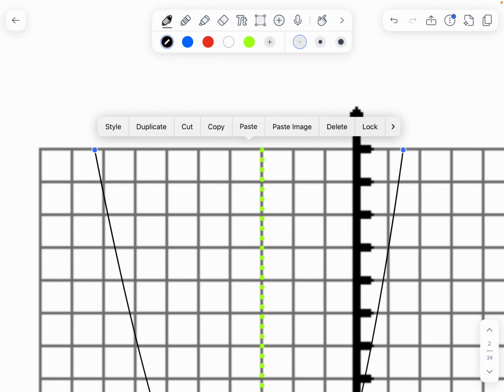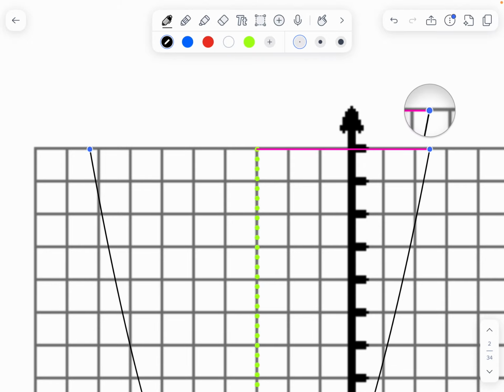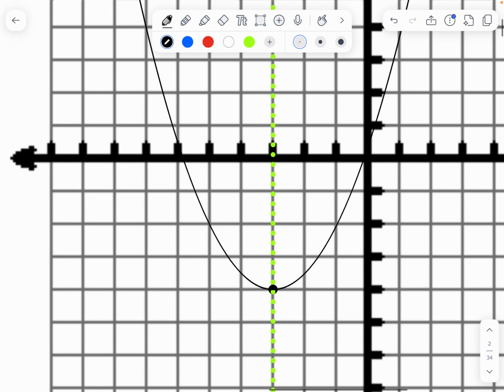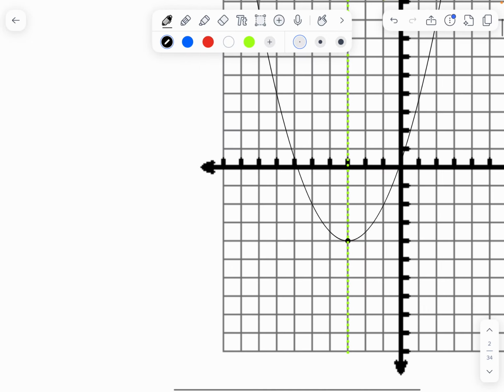Oh, okay. Oh, and then this is right here. Yeah, now it goes through correctly.